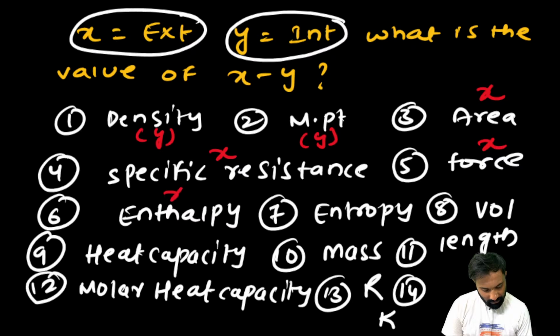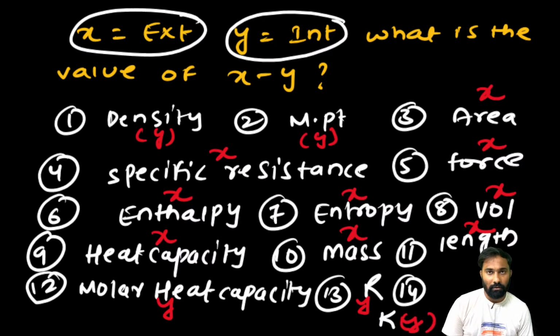Now enthalpy will come under the extensive property x. Entropy will come under the extensive property x. Volume will come under the extensive property x. Heat capacity will come under the extensive property x. Mass will come under the extensive property x. Length same, extensive. Molar heat capacity will come under the intensive y. Universal gas constant, fixed value, y. Rate constant, fixed value, y.